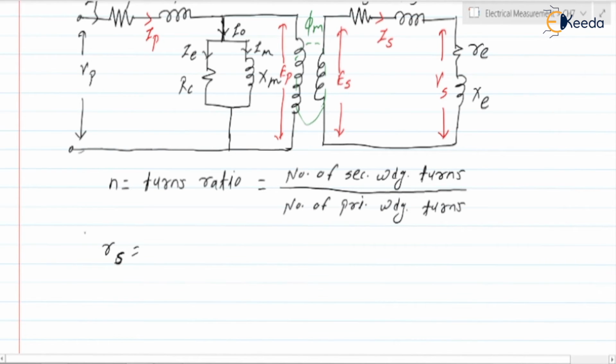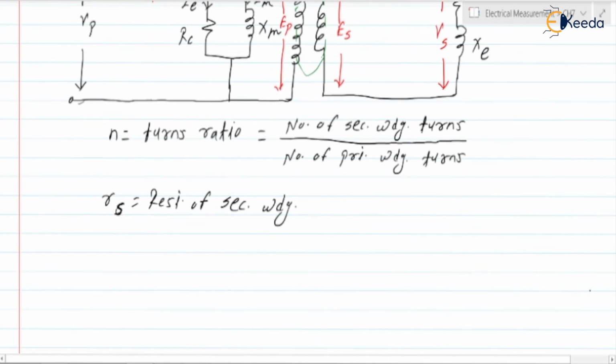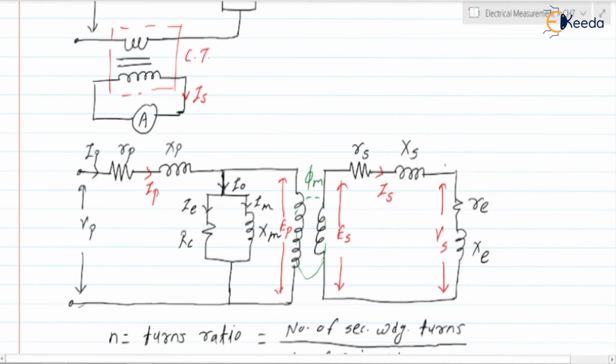RS is the resistance of secondary winding. Next, XS is the reactance of secondary winding. So here we are having RS and XS, right?